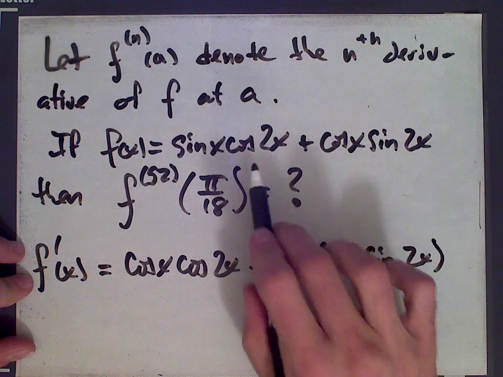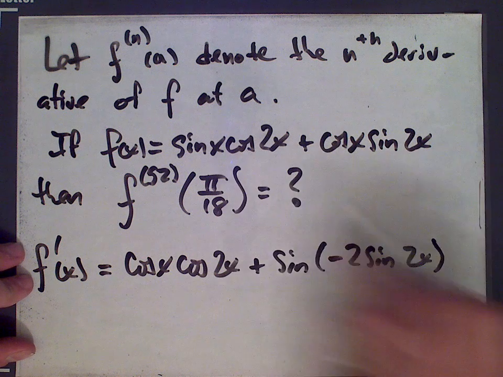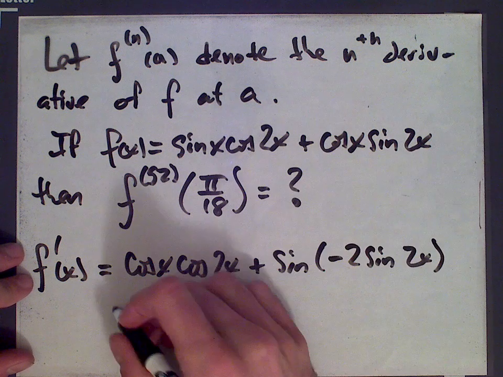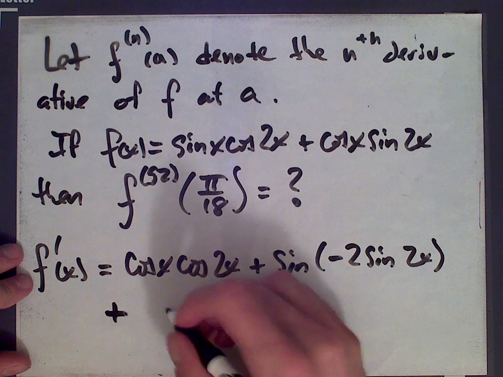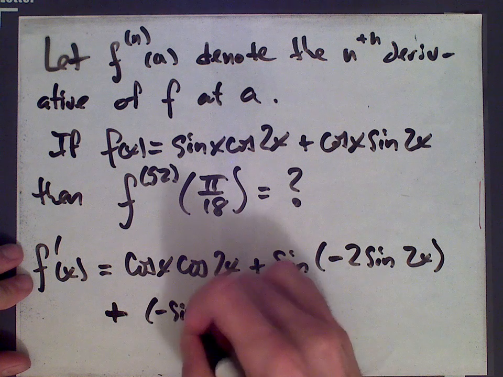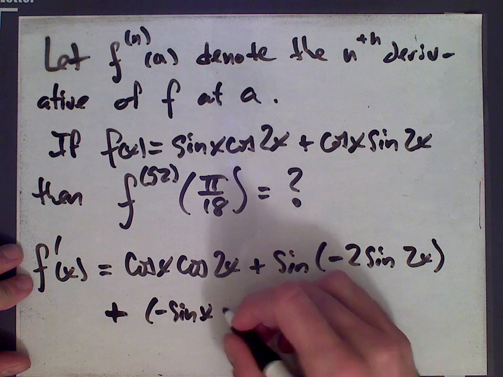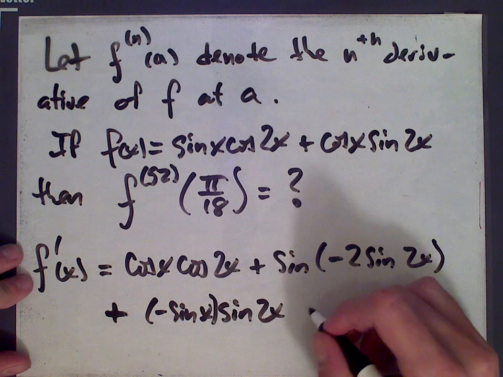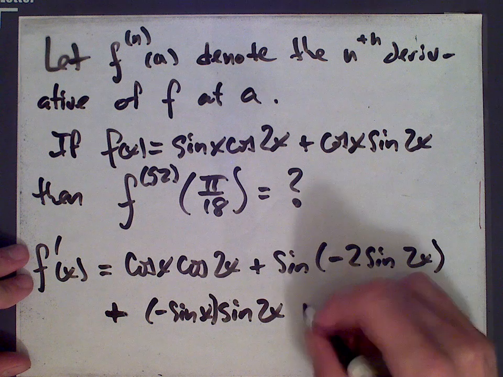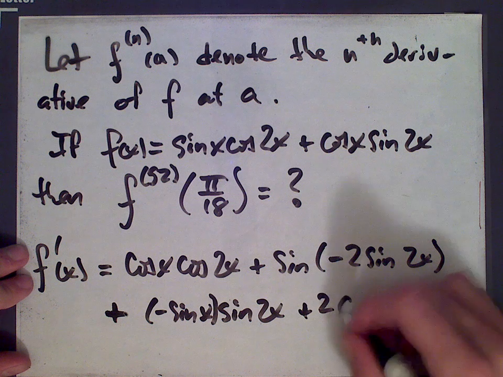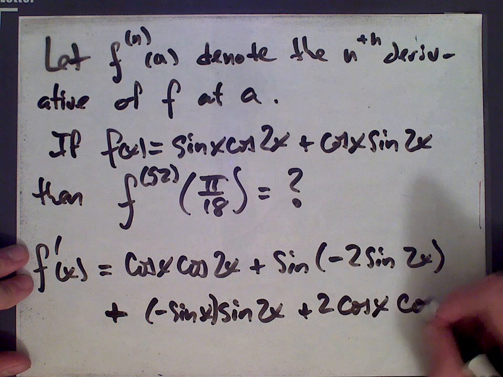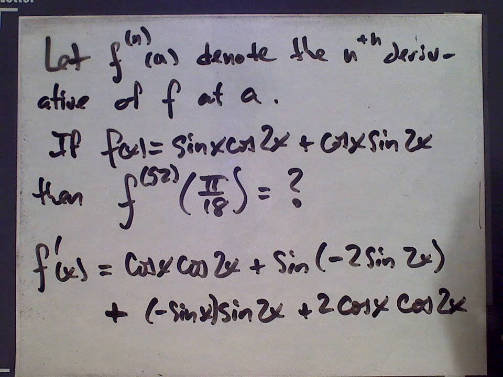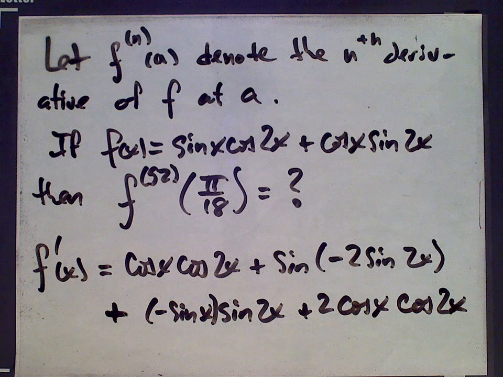So this is using the product rule on the first term here, plus negative sine x sine 2x, so like that, plus 2 cos x cos 2x. So try that for yourself. Take the derivative. This is what you should get. Pause the video if you need to.